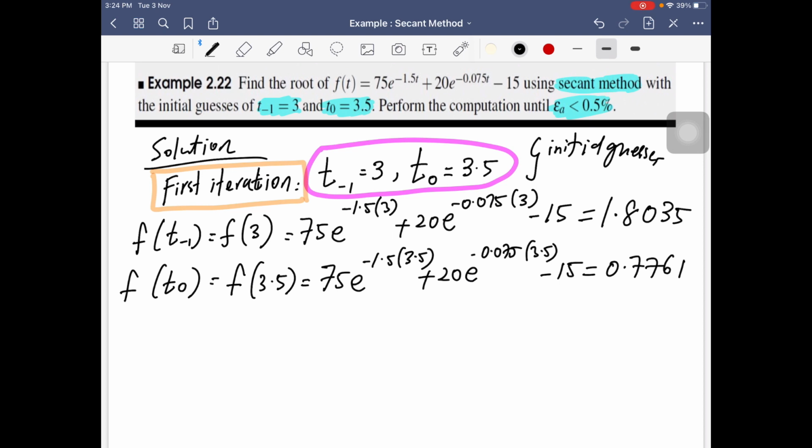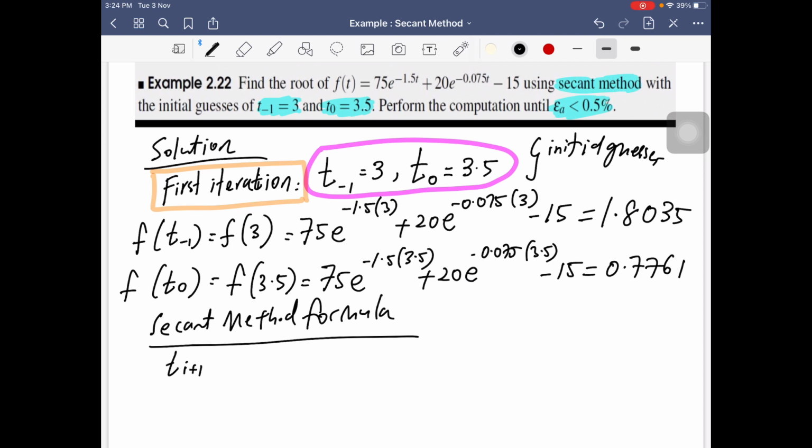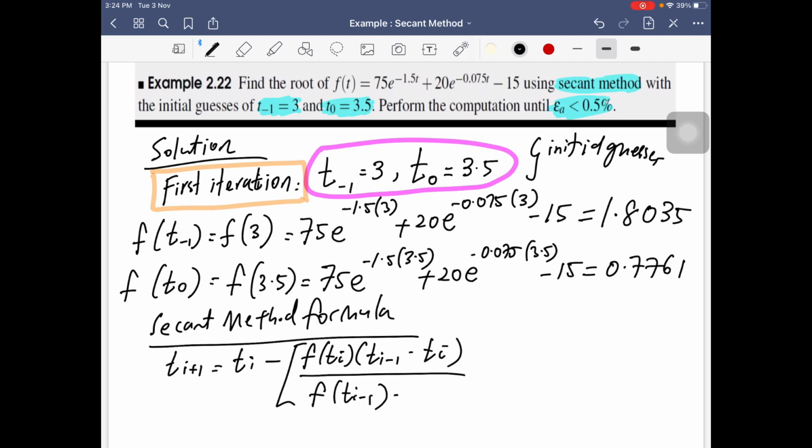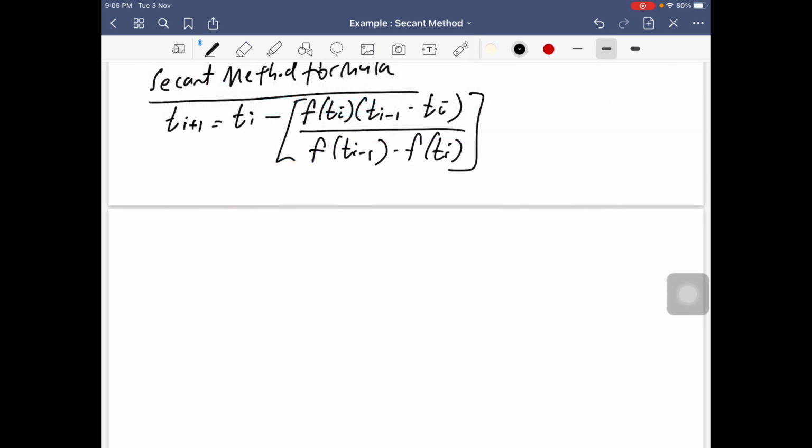Now we start to calculate our first root estimation by using the secant method formula. The formula is t i+1 equal to t i minus f(t i) times (t i-1 minus t i) over (f(t i-1) minus f(t i)). Now we calculate.